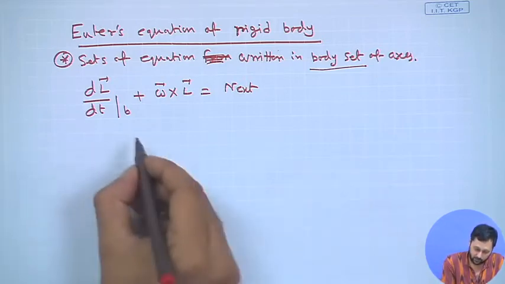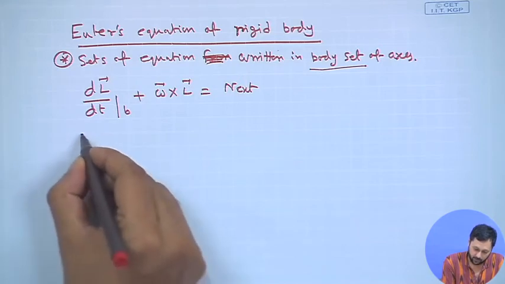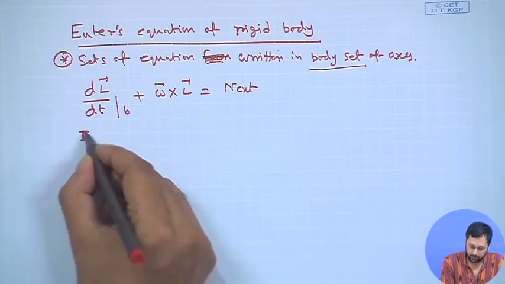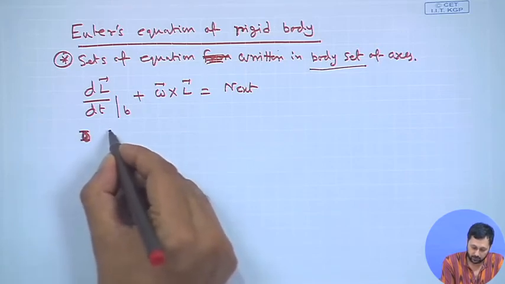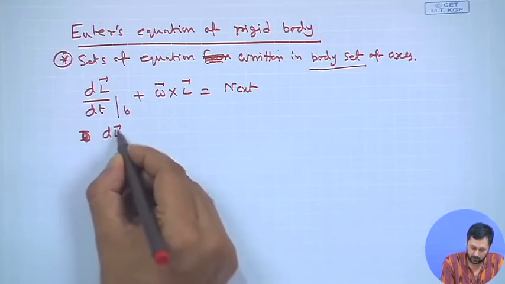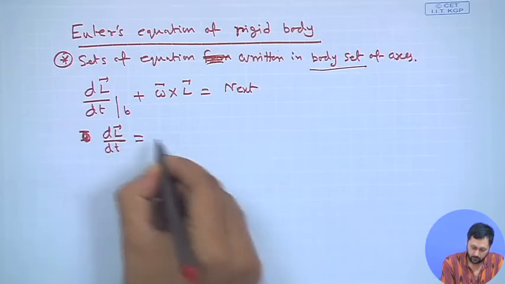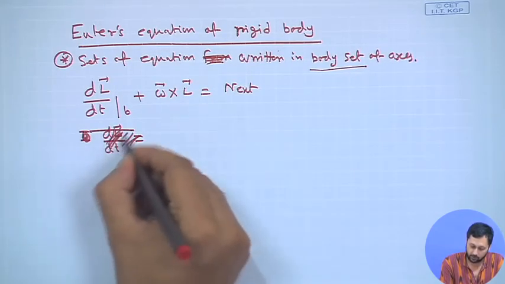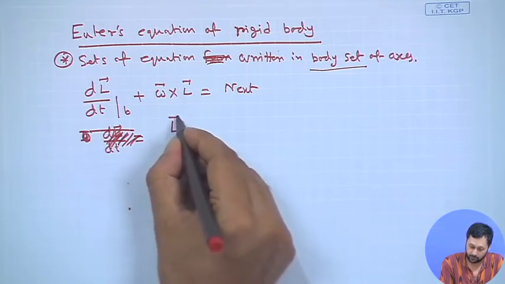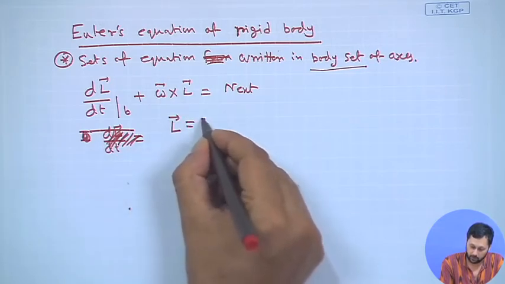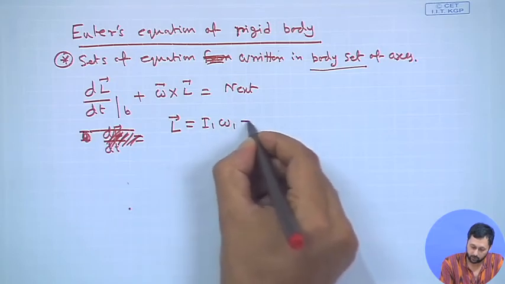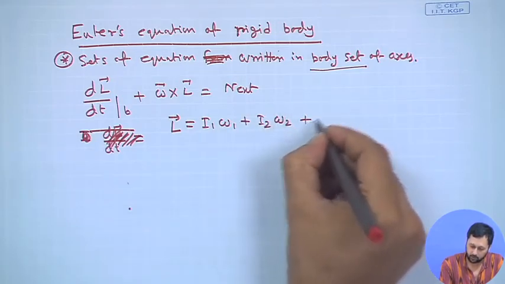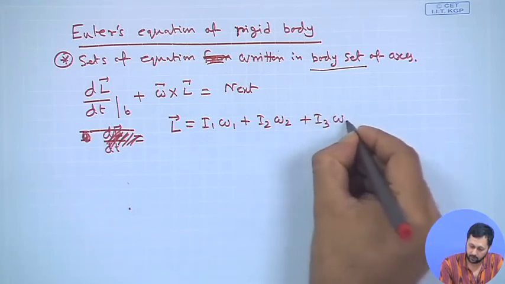So, let us go to the principal axis system. What happens in the principal axis system? We have already seen that L is equal to I1 omega 1 plus I2 omega 2 plus I3 omega 3.